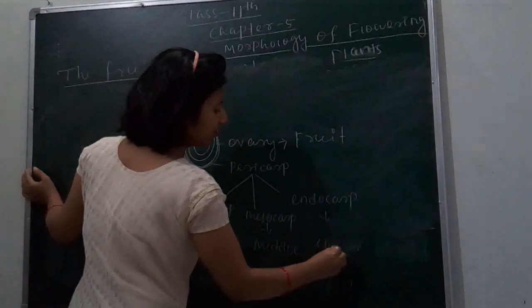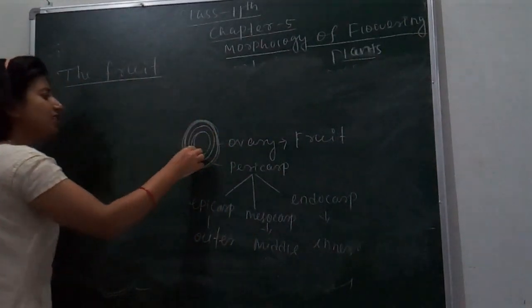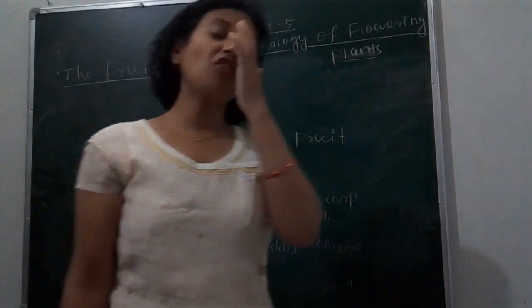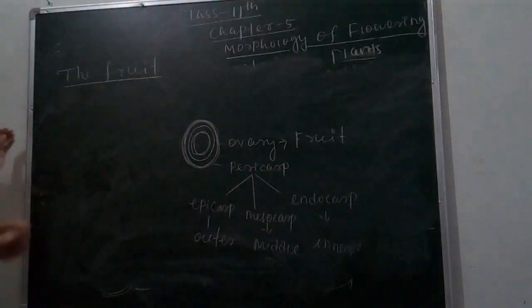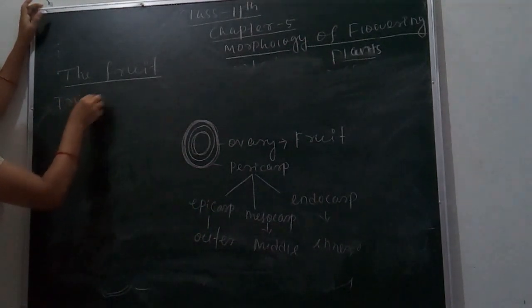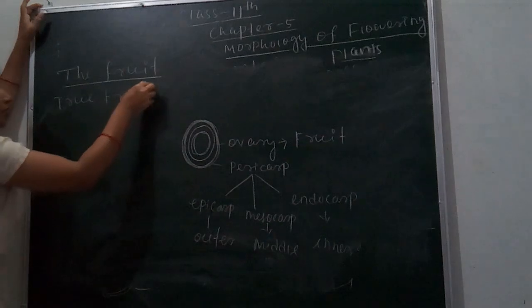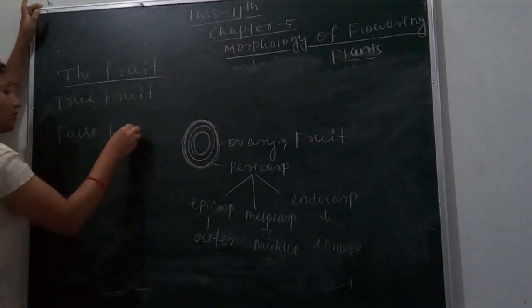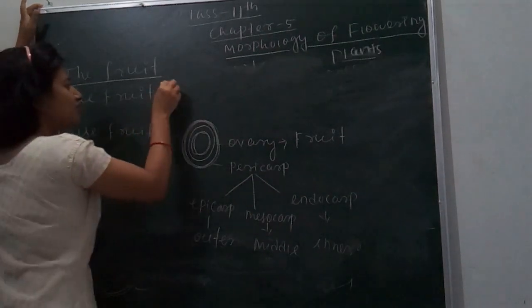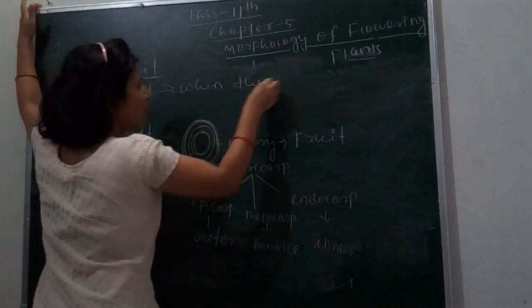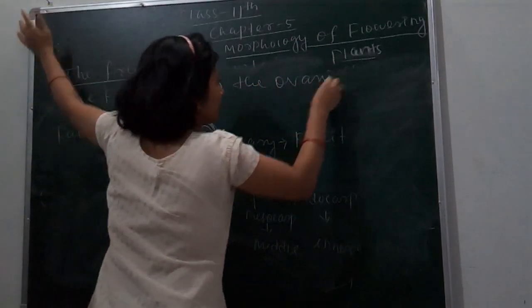Again, fruit is of 2 types on the basis of their formation. One is true fruit and another is false fruit. True fruit means when the ovary grows as fruit.